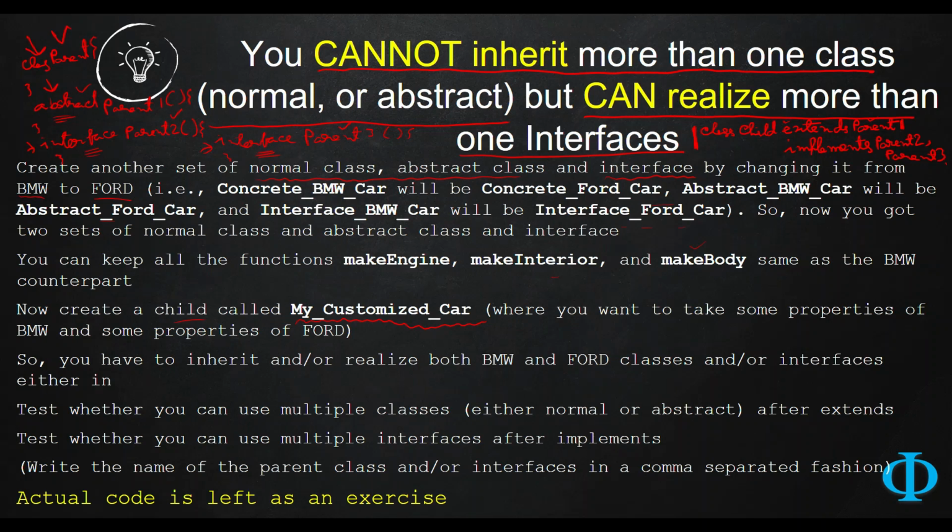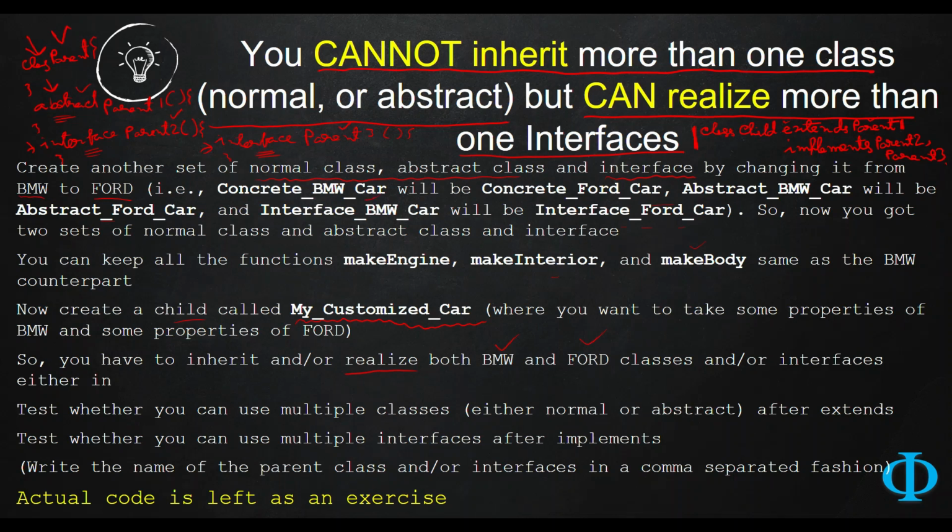Let's say you are a car-fascinated person and you want your car customized with some properties of BMW and some properties of Ford, which you like. So what is your option? You have to inherit or realize both BMW and Ford classes or interfaces that you already created.